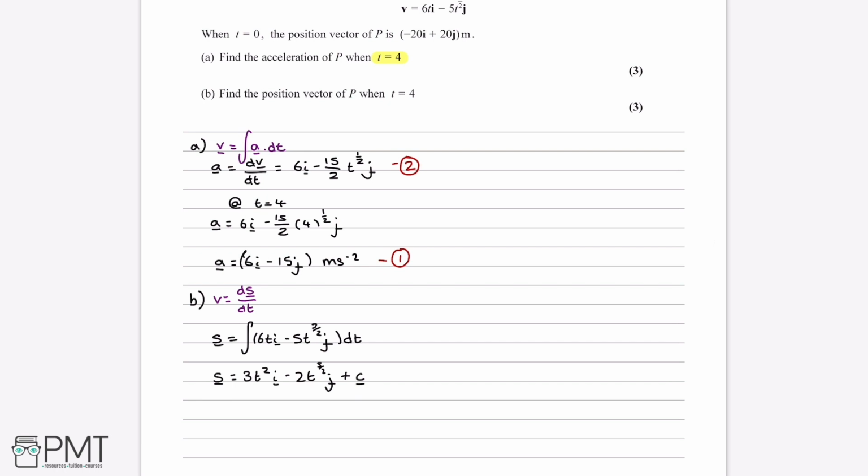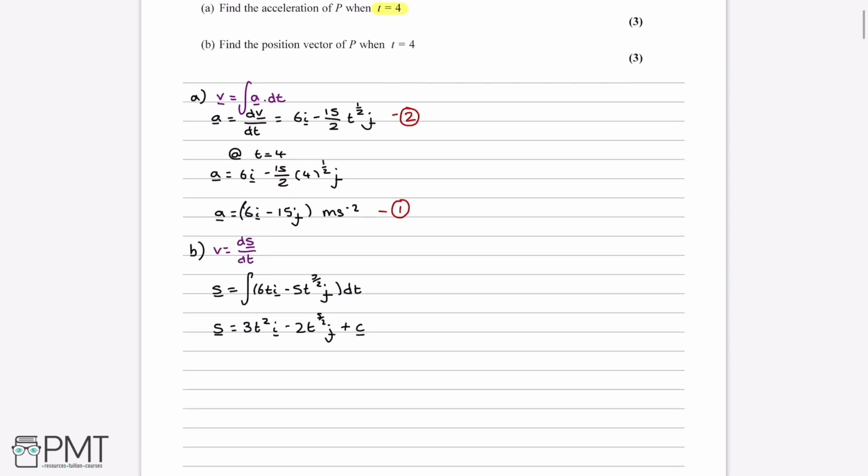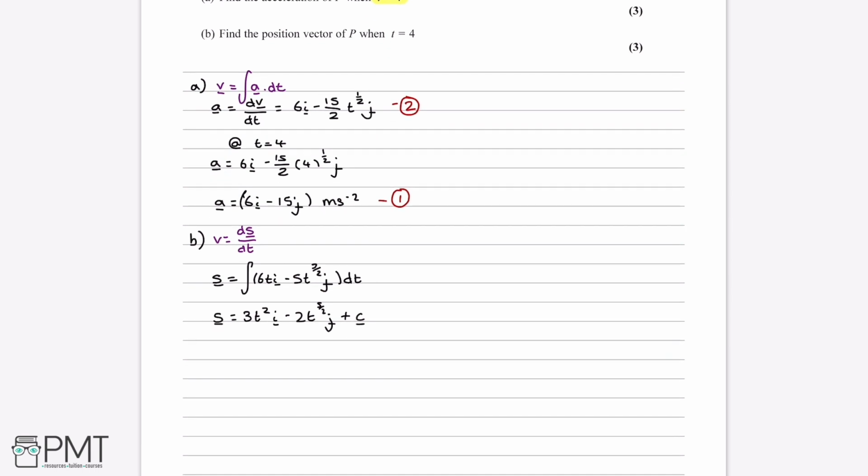If we go back to the question, we're told that when t is 0, the position vector is minus 20i plus 20j. Given that this is our expression for the position vector of P, we can substitute in t equals 0 to find c.